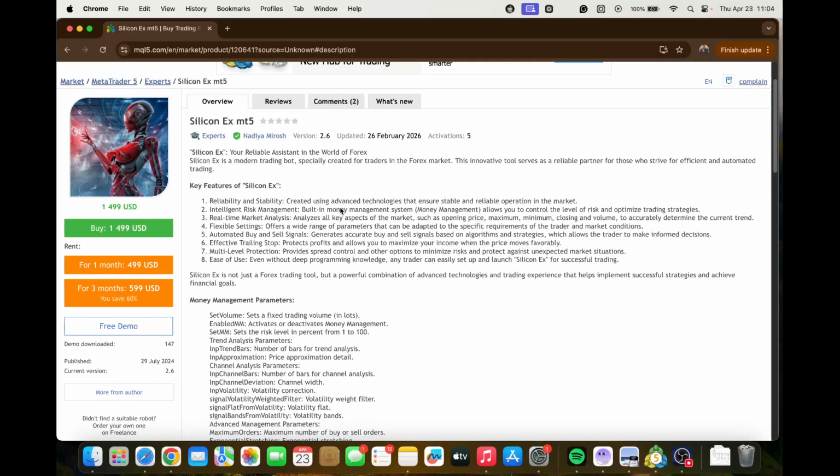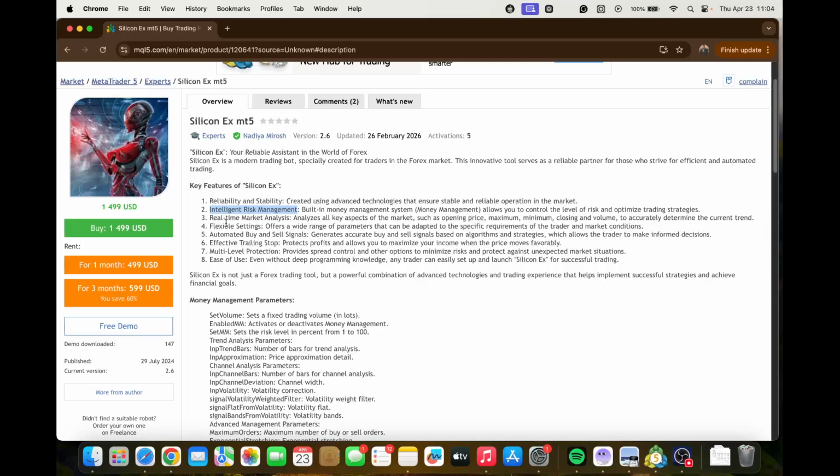There are volatility weighted filters and flat market detection and bands to supposedly avoid bad entries in choppy conditions. And once in a trade, this bot relies on intelligent risk management as marketed, and an effective trailing stop to protect profits and let winners run when the price moves in your favor.